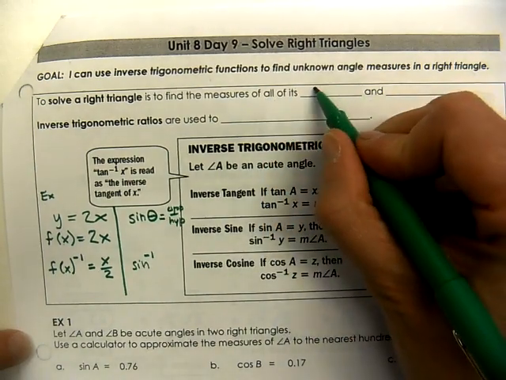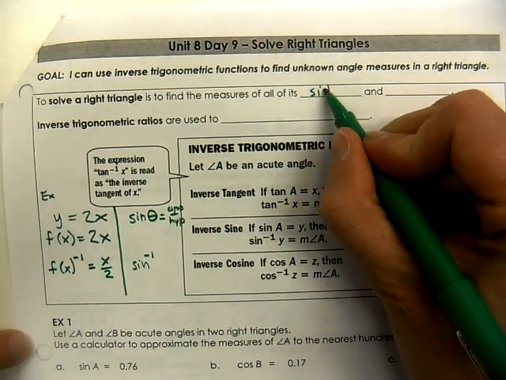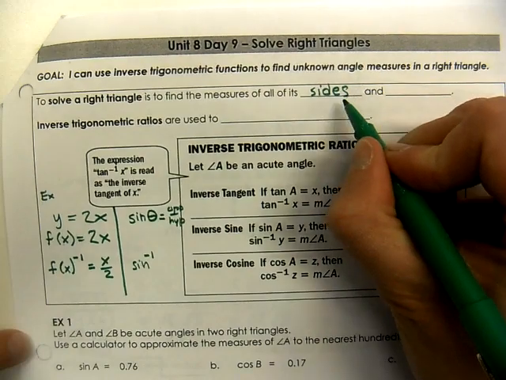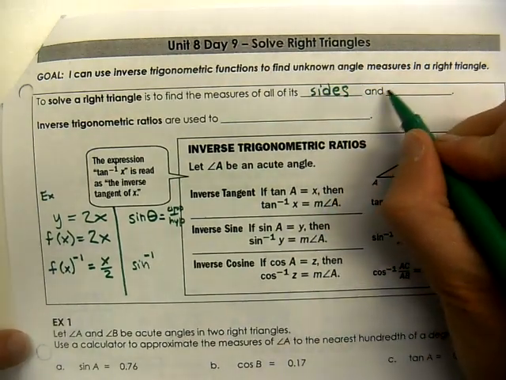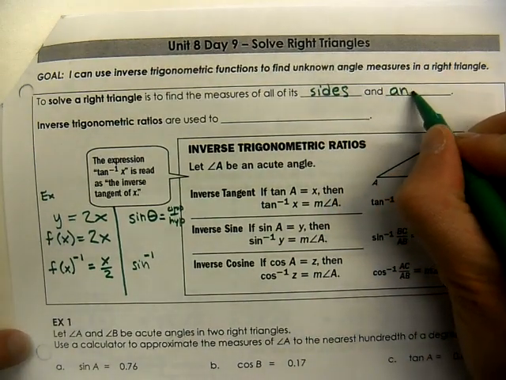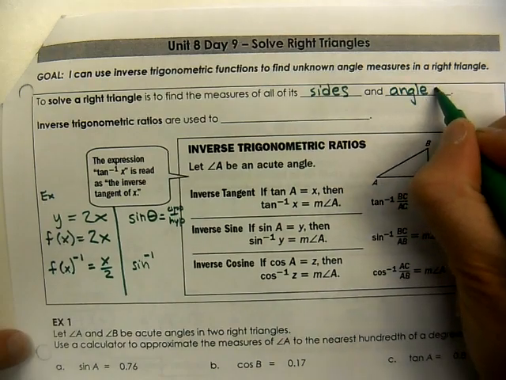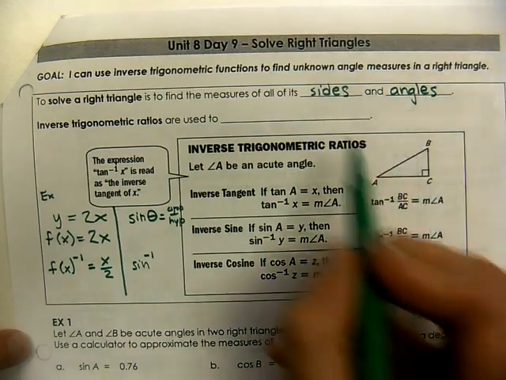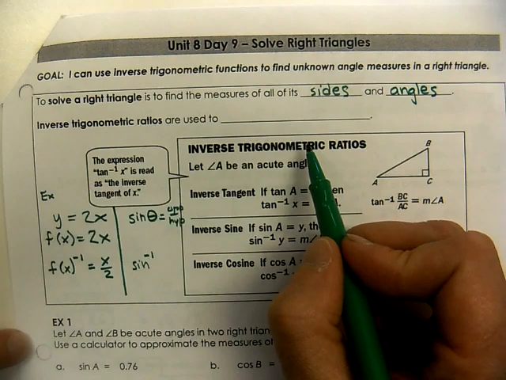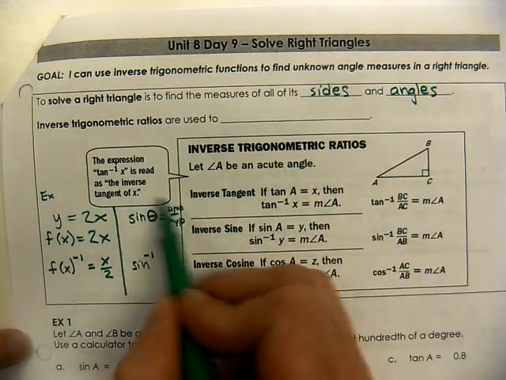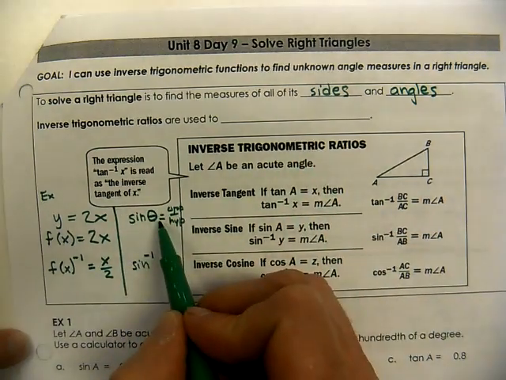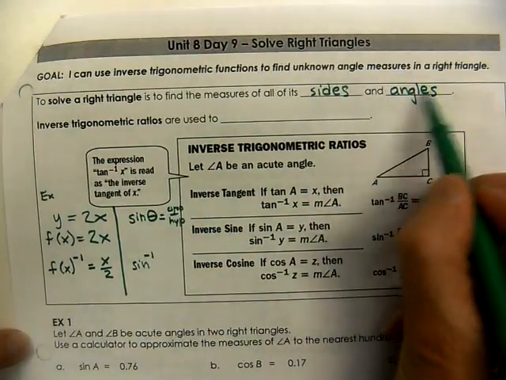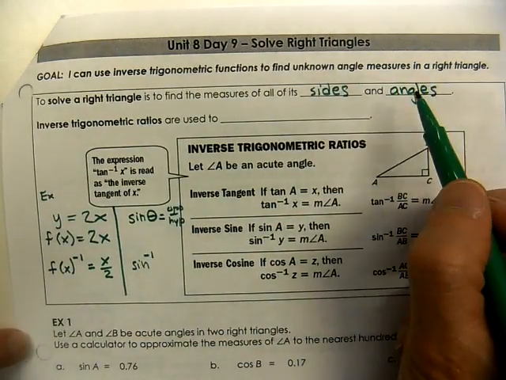Find the measures of all the missing sides, which we've done previously. We've been finding missing sides. But we also want to find all of the missing angles. And this is going to be new for us today. How to use the trig ratios backwards, meaning the inverses of them, the opposites of them, to find the missing angles. We're going to do that in a moment.